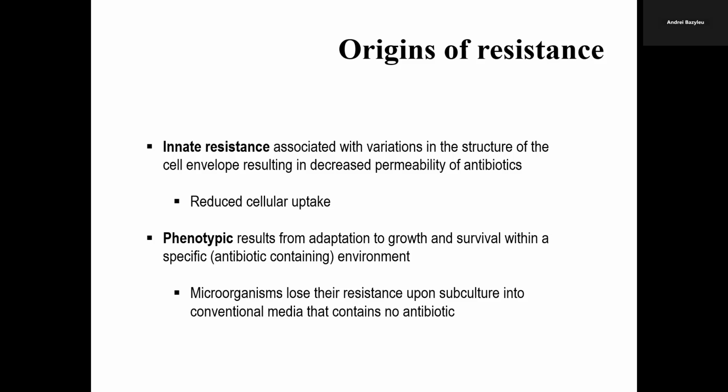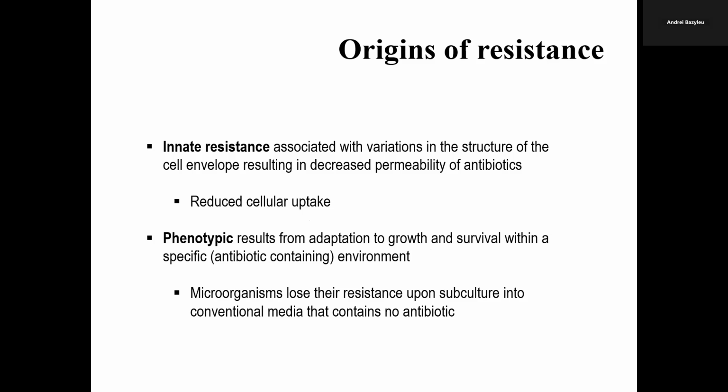And you basically are telling the cells, grab the plasmid or you will die, right? So the cell is acquiring a new property, which is the antibiotic resistance, during its lifetime. It wasn't born with that property, but it acquired it during the lifetime as a result of bacterial cell adaptation to growth and survival, right? Within a very specific environment. And that specific environment was the antibiotic containing environment. In your case, it was ampicillin.